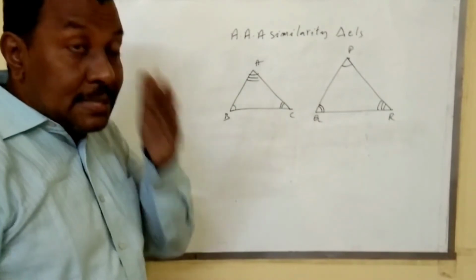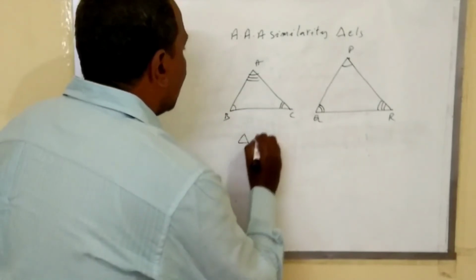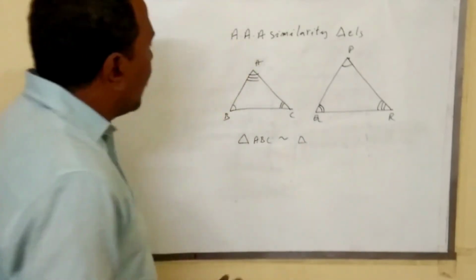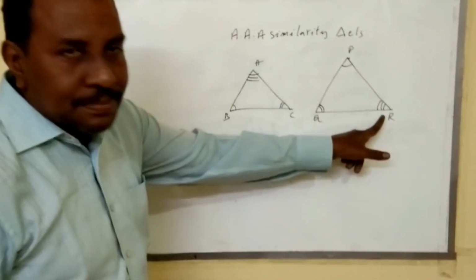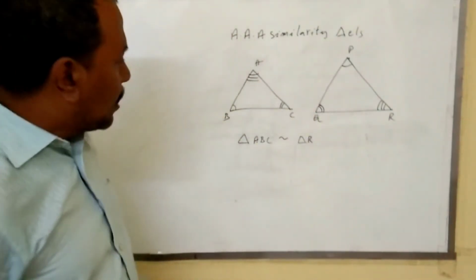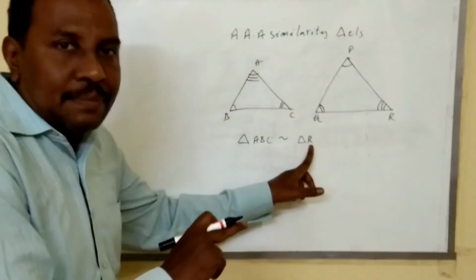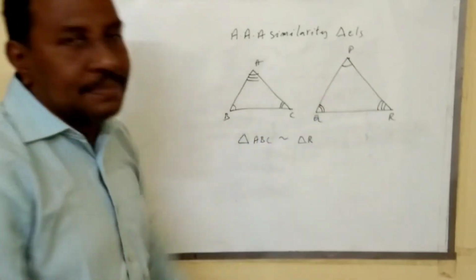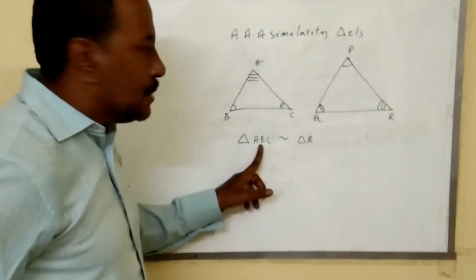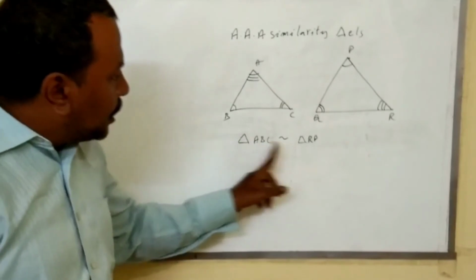Now can you tell me which sides are in proportion? Okay. First of all, write like this. Triangle ABC is similar to triangle... Angle A is equal to angle R, so here we need to place R, because in place of letter A, it should be replaced with R. Now next, angle B is equal to angle P, so in place of B, you need to write P here.